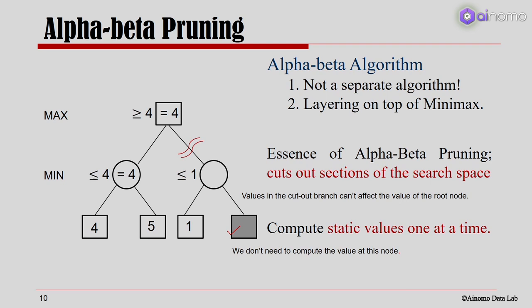It is actually a layering on top of Minimax, an optimization procedure to reduce the search space and somehow get to the same value that we have got in the Minimax procedure.